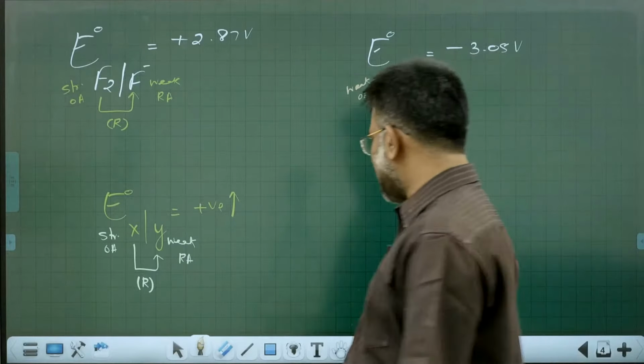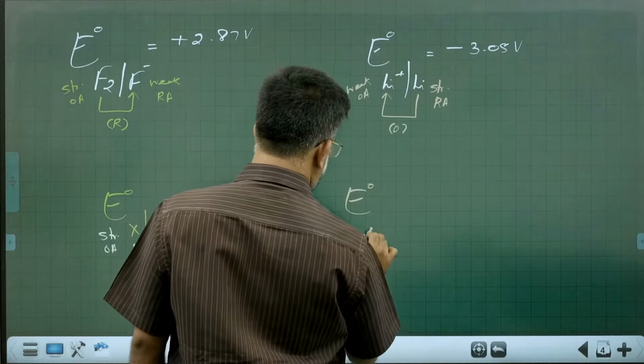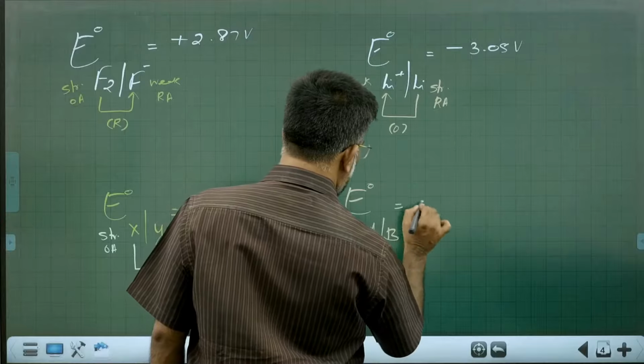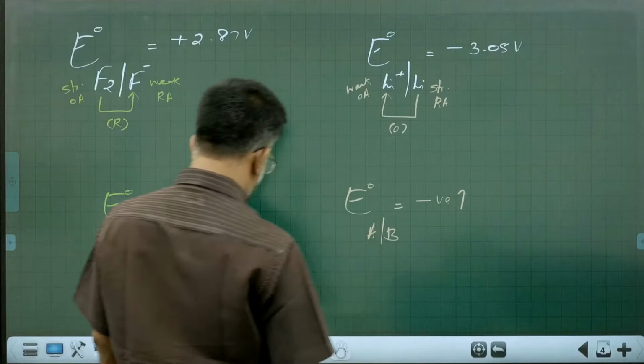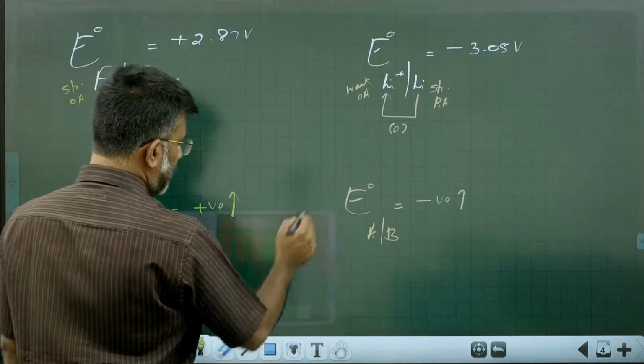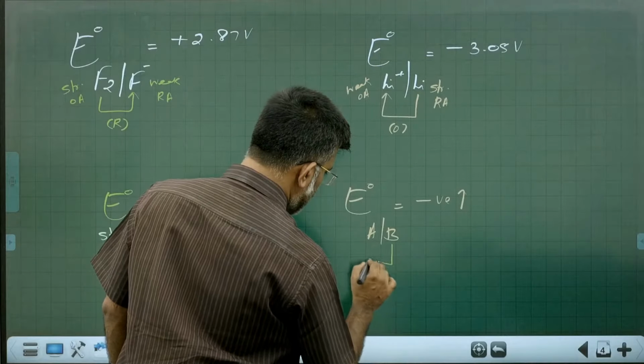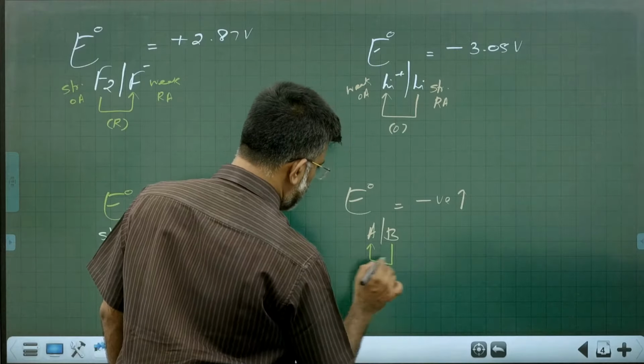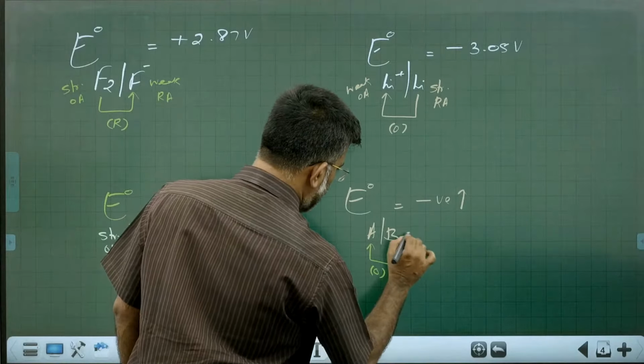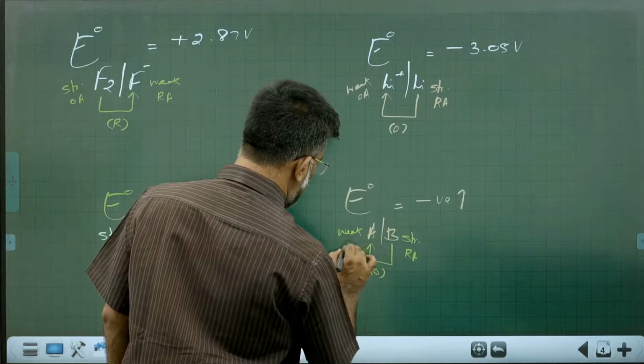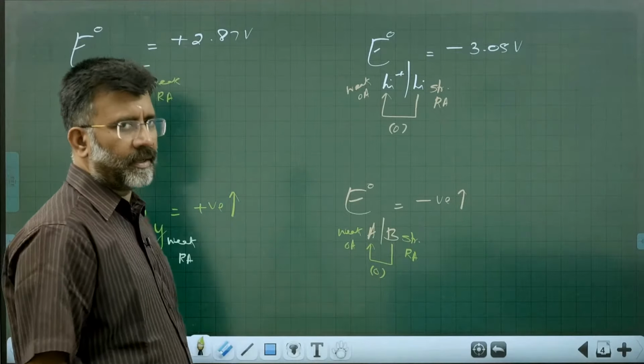Now, generalizing, suppose you have E naught A|B having a high negative figure. This means B is easily oxidized to A, and B is a strong reducing agent and A is a weak oxidizing agent. That is the meaning.